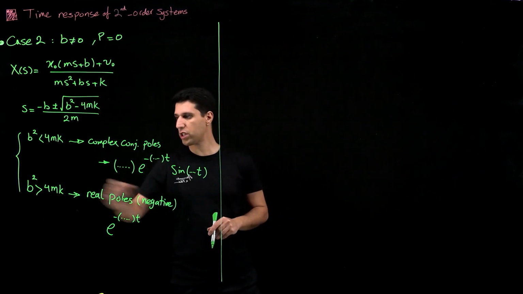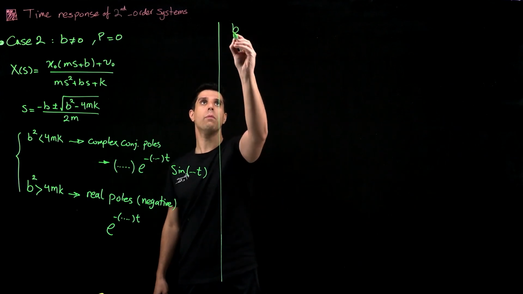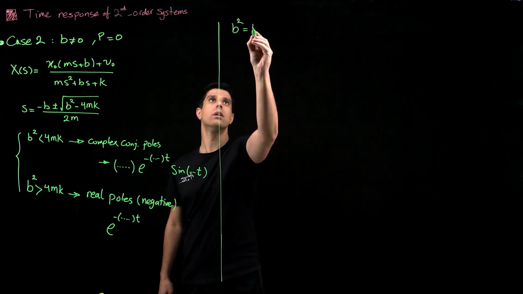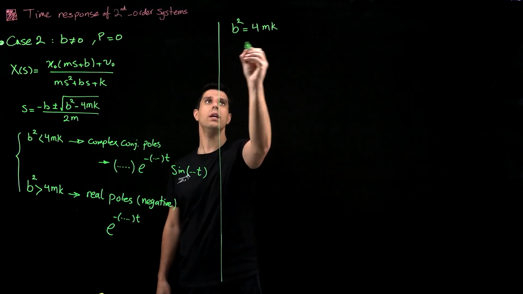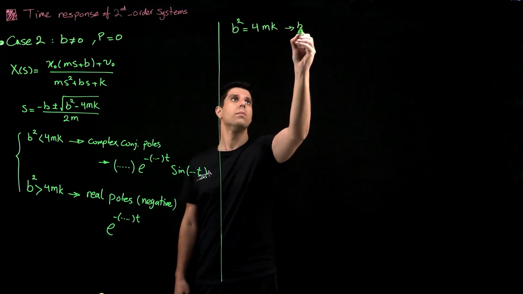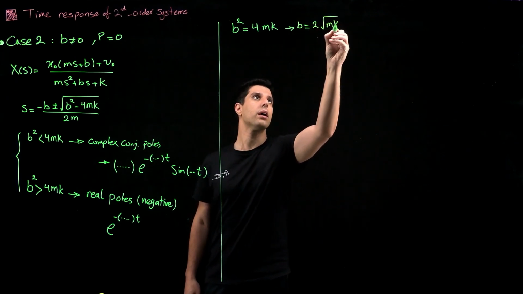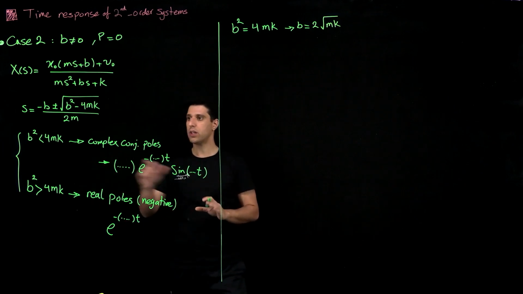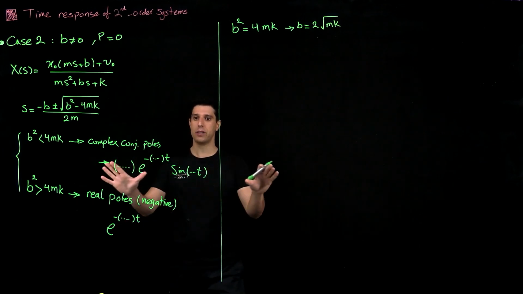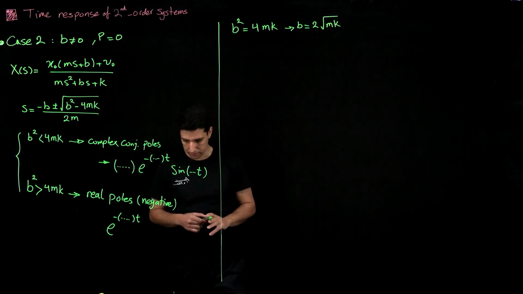And that switch happens at the value where B squared is 4mk, or when B is 2 square root of mk. This is a critical point that separates the two modes of response of the same system.